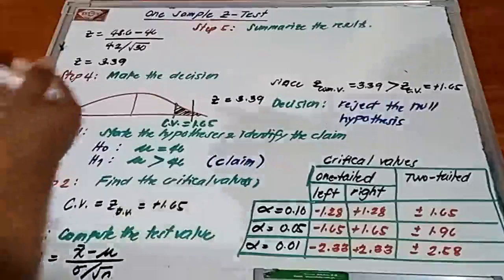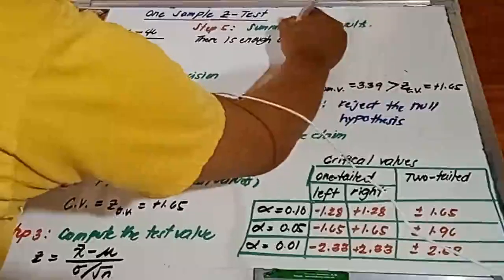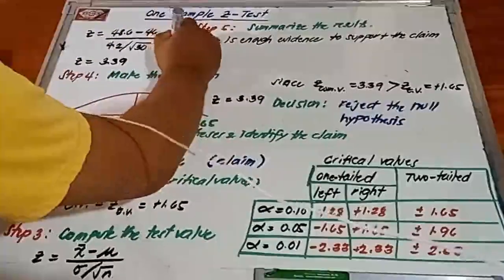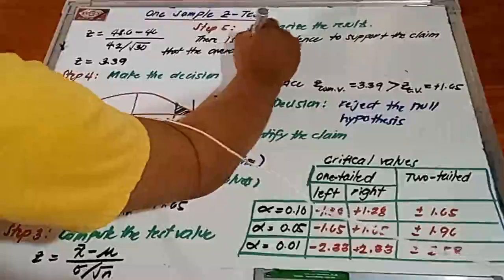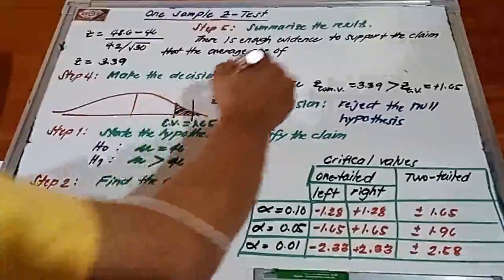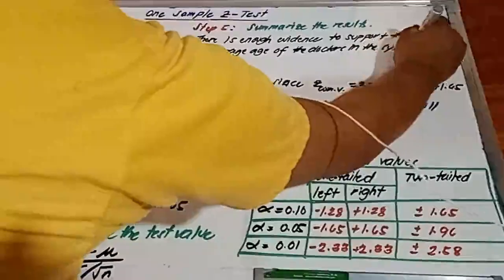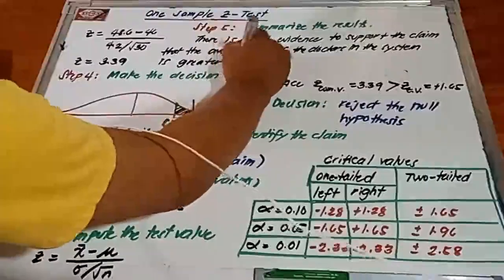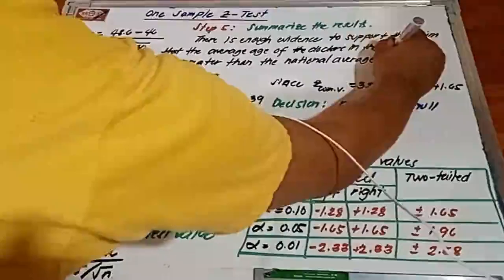So therefore, our answer is there is enough evidence to support the claim that the mean age or average age of the doctors in the system is greater than the national average of 46.